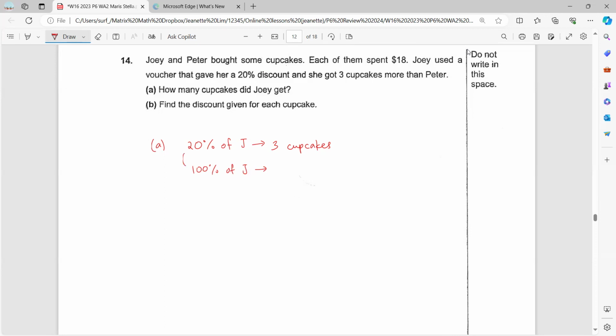So to find 100%, we times 5. So what did she get? She got 3 times 5, which is 15 cupcakes. Okay, so that's the answer for A. She got 15 cupcakes.